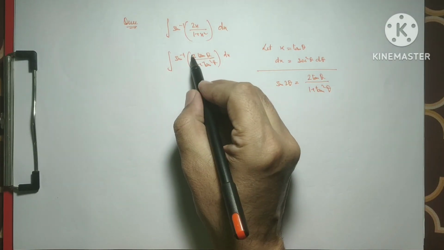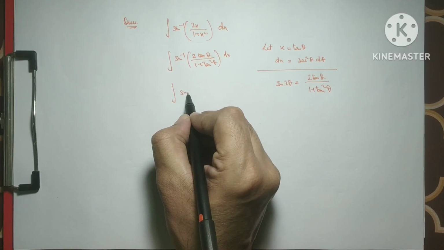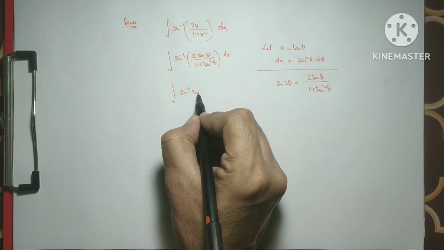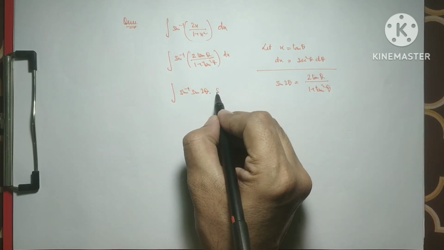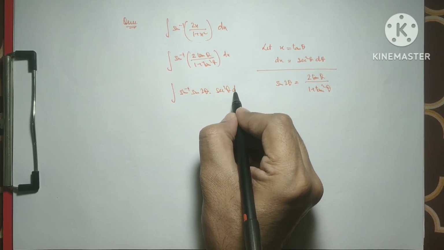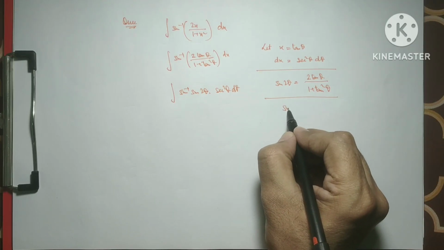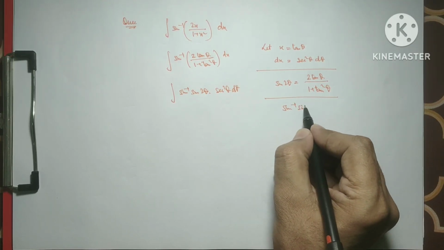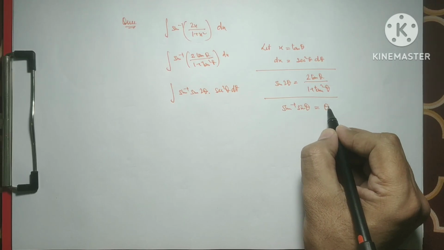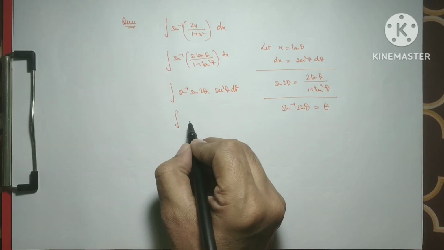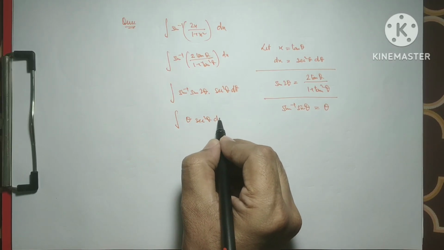So it is equivalent to sine 2 theta. So we will place sine inverse sine 2 theta, and the value of dx is sec square theta d theta, and sine inverse of sine 2 theta according to inverse trigonometry is equivalent to 2 theta. So right now it is 2 theta sec square theta d theta.